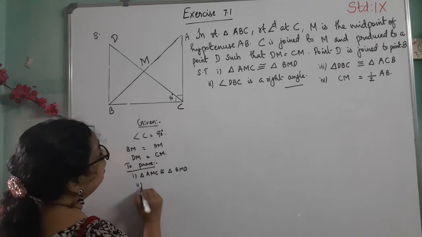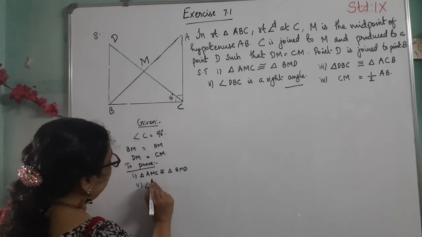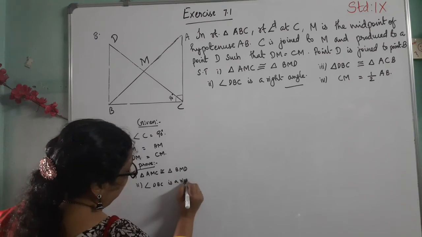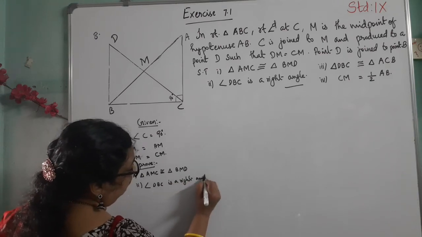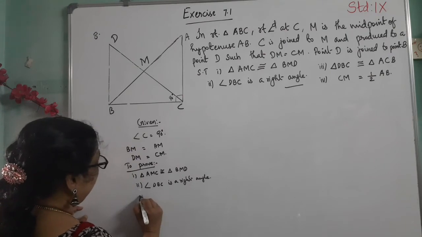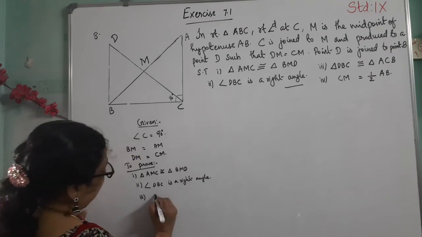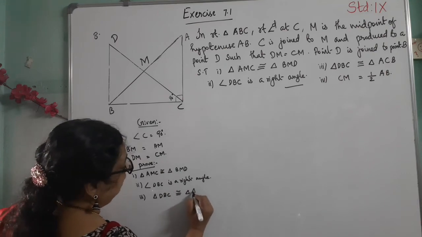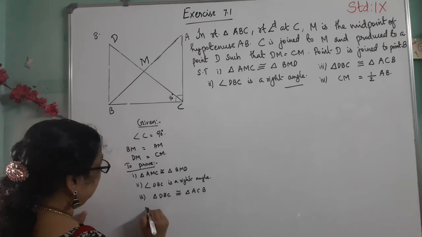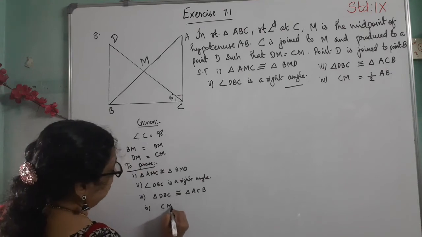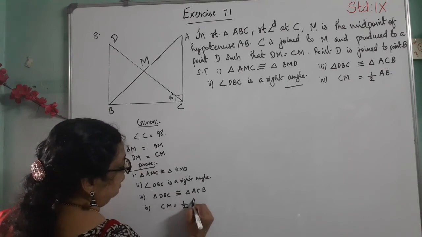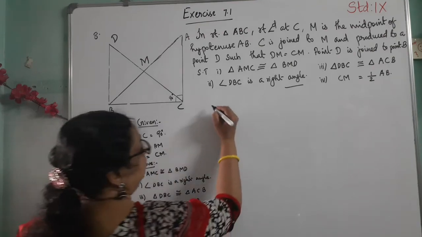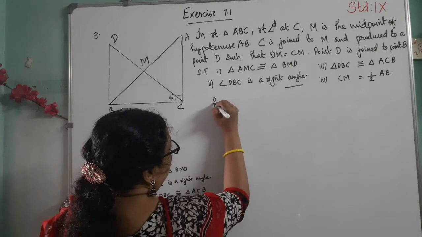Second, angle DBC is a right angle. Third, triangle DBC congruent to triangle ACB. Fourth, CM is equal to half of AB. So we write the given and to prove, then we can prove. First we write the proof.